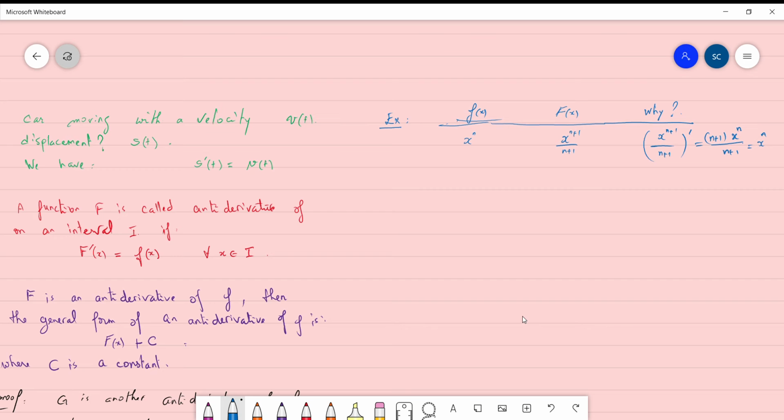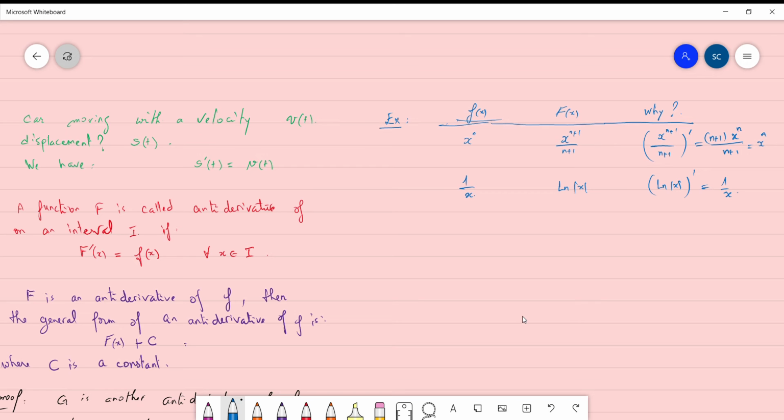Another function, 1 over x: an antiderivative is ln, which we didn't do yet, but you have the occasion to know it. The derivative of the ln function is 1 over x.